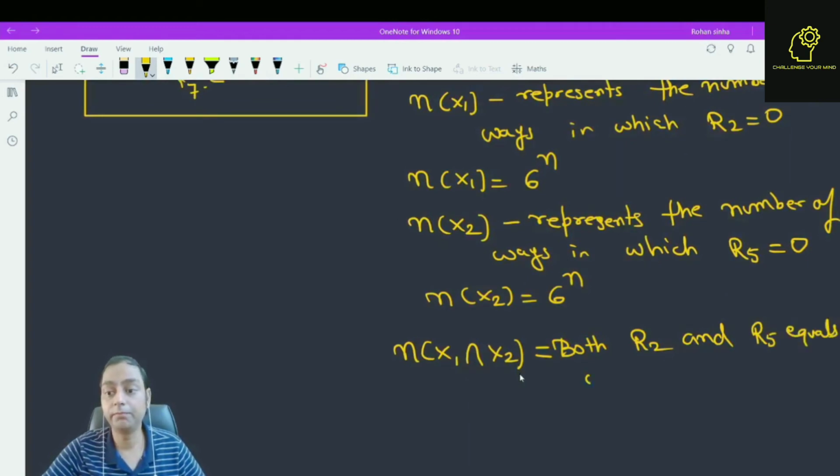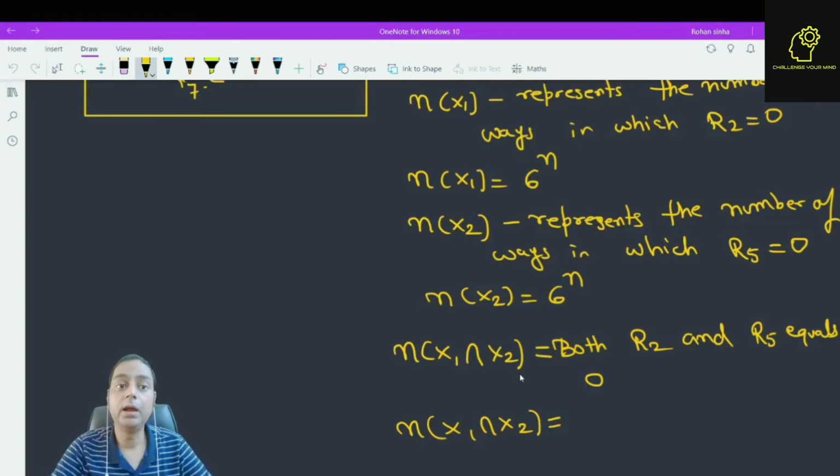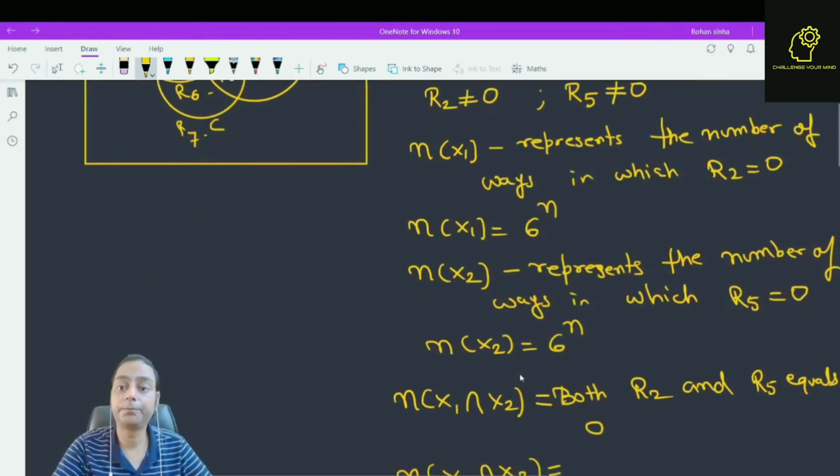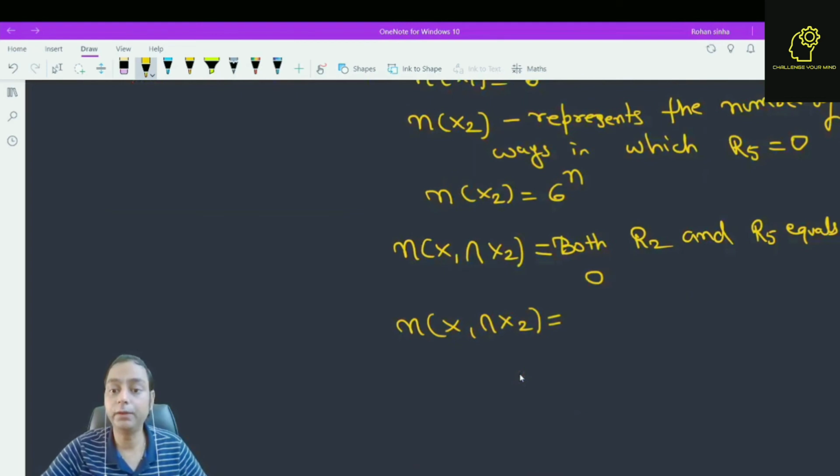If this happens, what is n(X1 intersection X2)? How many total regions are there? Total we have 7 regions and 2 regions, R2 and R5, are 0. So every element can be put inside 5 regions only. So for every element we have 5 choices. So total number of choices we have is 5 raised to n.